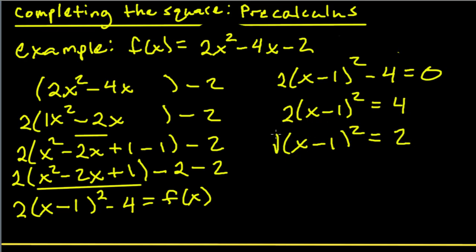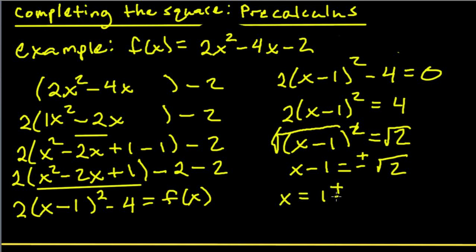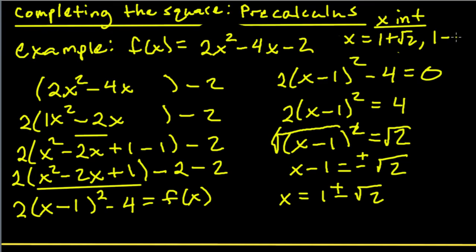Now we can take the square root of both sides. So we have x minus 1 equals, and don't forget, plus or minus the square root of 2. And we have x equals 1 plus or minus the square root of 2. So our x-intercepts are x equals 1 plus square root of 2 and 1 minus square root of 2.